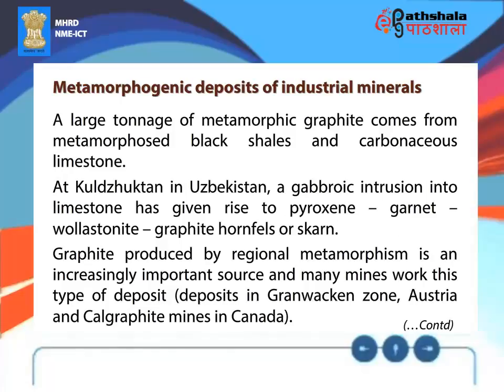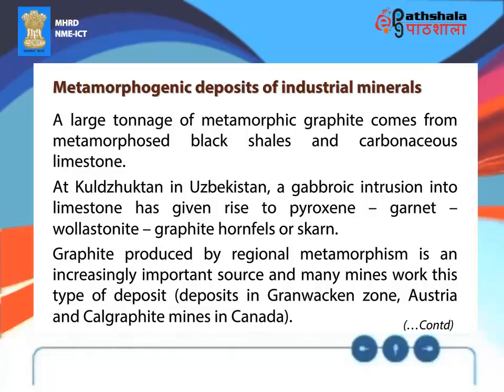A large tonnage of metamorphic graphite comes from metamorphosed black shales and carbonaceous limestone. At Kulsuktan in Uzbekistan, a gabbroic intrusion into limestone has given rise to pyroxene, garnet, wollastonite, graphite hornfels or skarn.